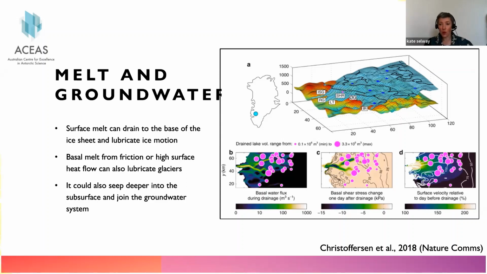This is also potentially a way that we could be losing a lot of meltwater that we're not tracking, if that groundwater then flows out into the ocean in ways that are pretty hard to measure. So it's certainly part of the ice loss system that we're potentially not measuring.